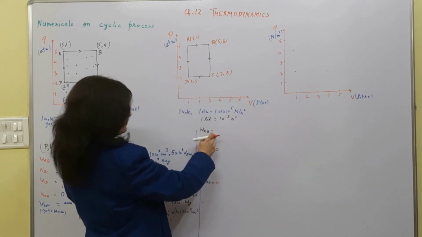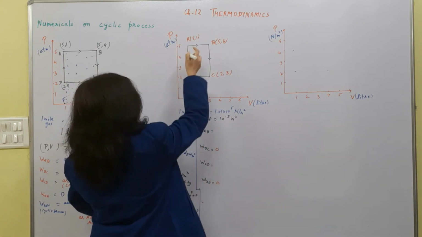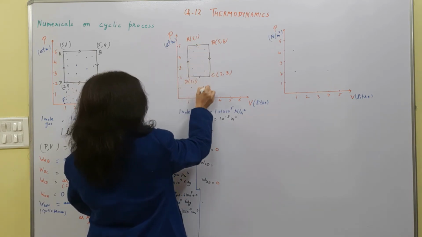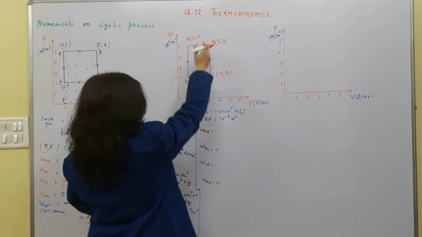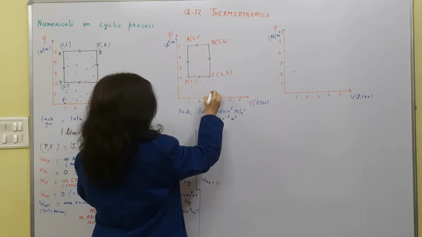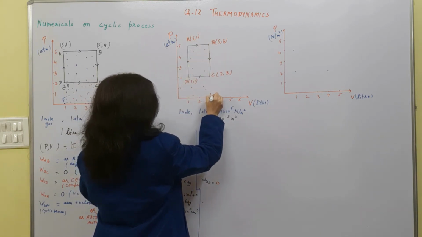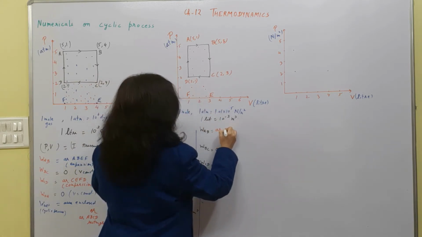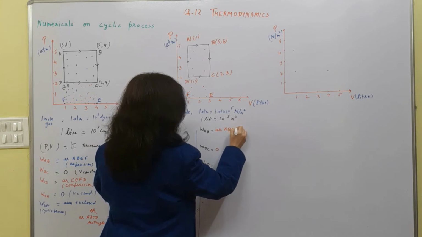Now W in AB will be the area enclosed between this AB and volume axis. So this is suppose EF. So this will be area ABEF.